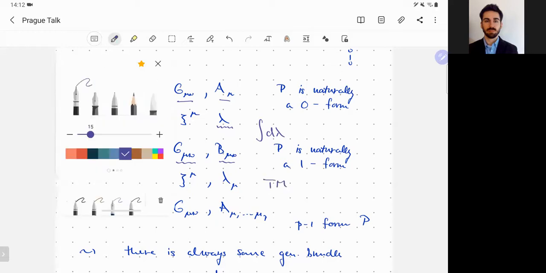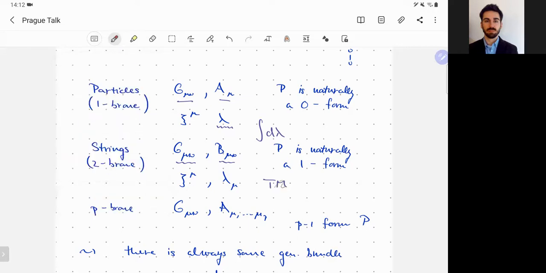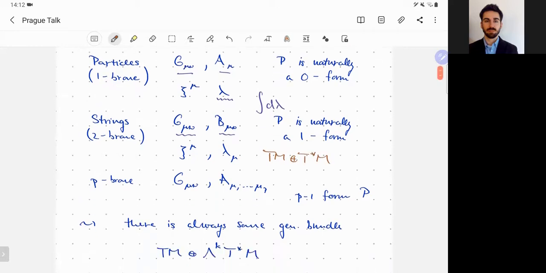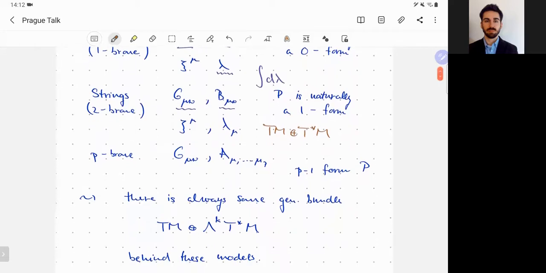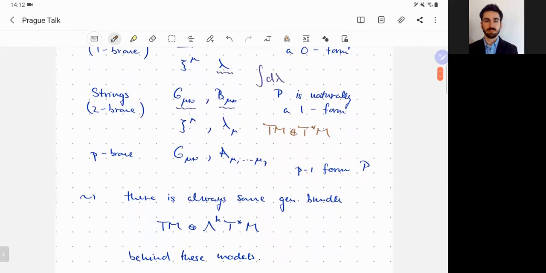Well, maybe I should change the color here, so that it's clear. Okay, right, like that. So it's something living in this space instead of just the M. And for p-branes, yeah, you get the point here. You have a p-dimensional object living in the space, and a natural thing to couple along with the metric is the p-form.